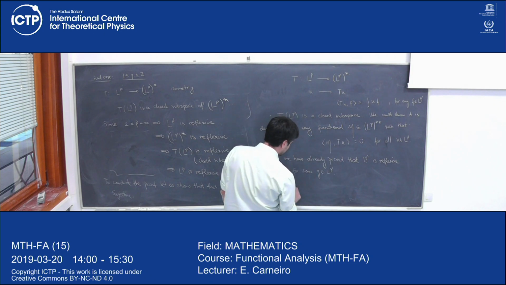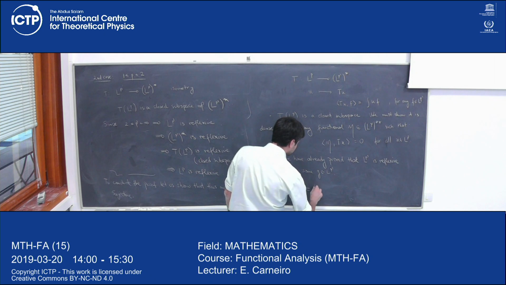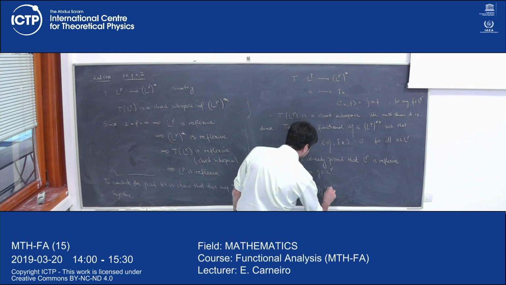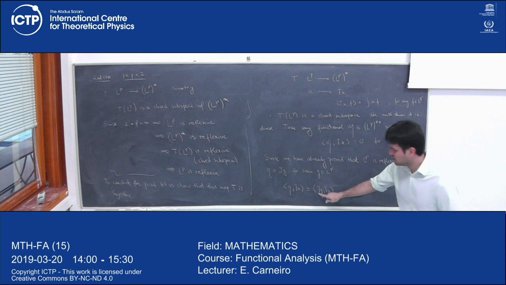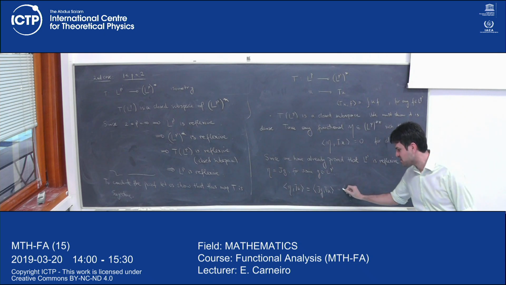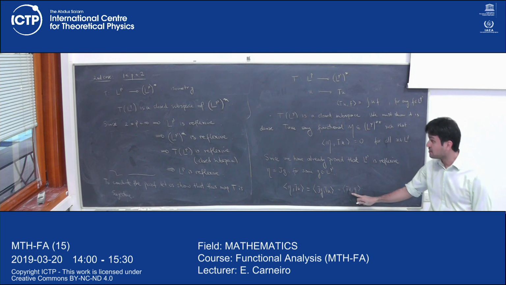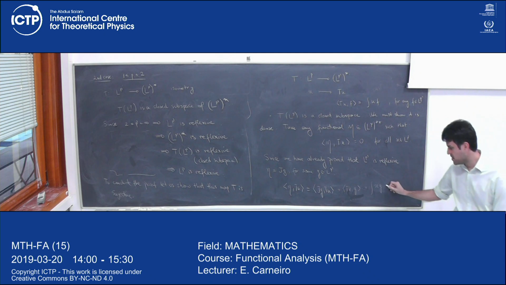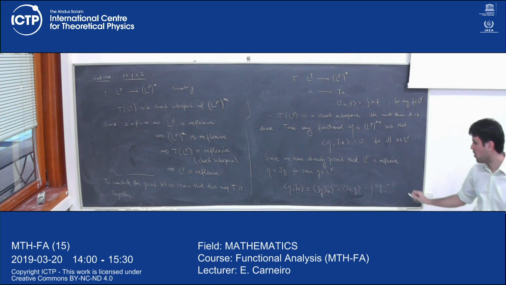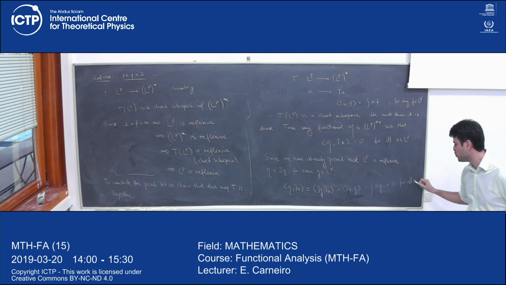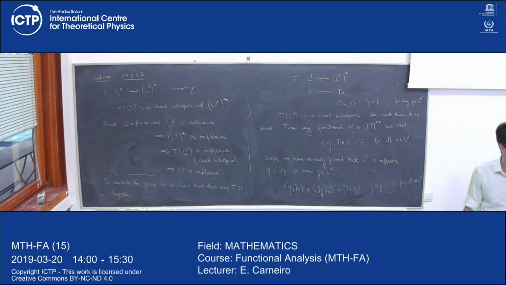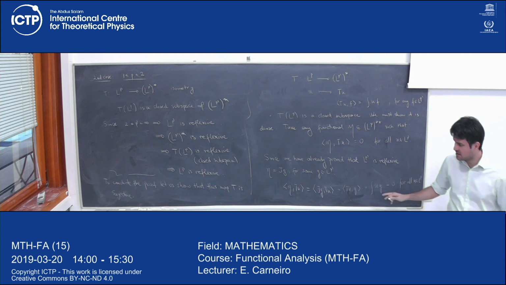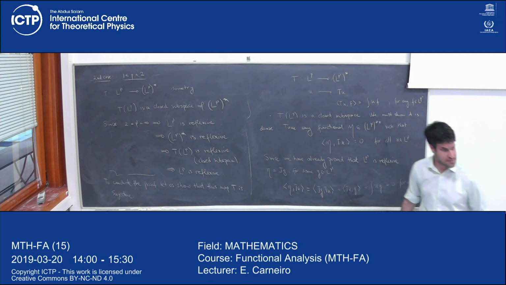So then, eta acting on T of u is just J of g acting on T of u. By definition of the map J, this is just T of u acting on g. But T of u acting on g is just the integral of u against g. And I'm saying that this is 0 for all u in L^p. And I want to conclude that this g is 0.